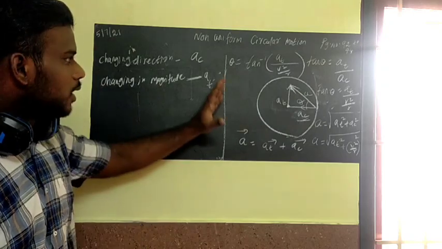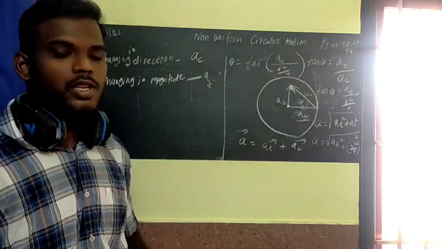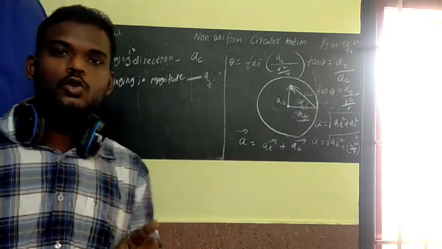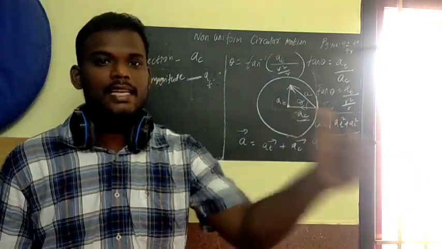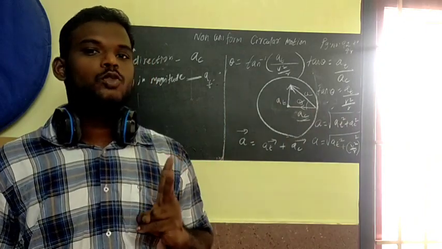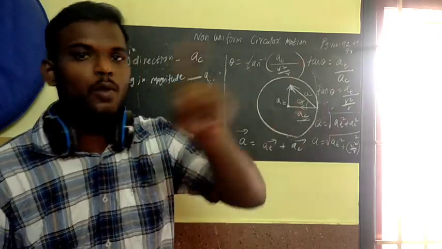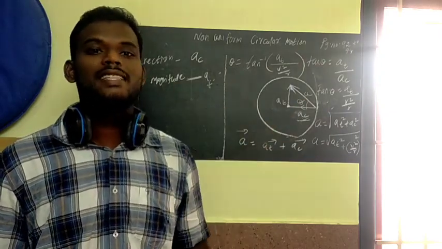So this is the case of non-uniform circular motion. In non-uniform circular motion, there are two accelerations. One is due to the change in direction, that is centripetal acceleration. The second is due to the change in magnitude, that is called tangential acceleration.